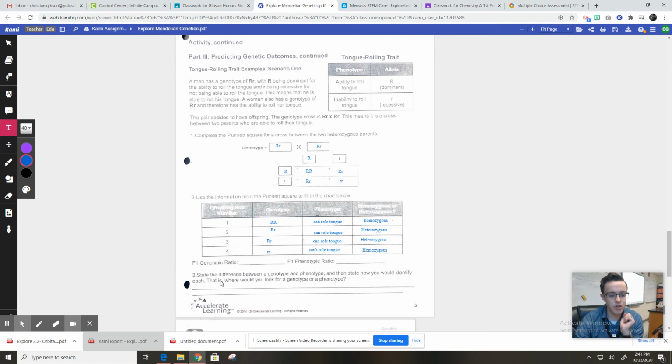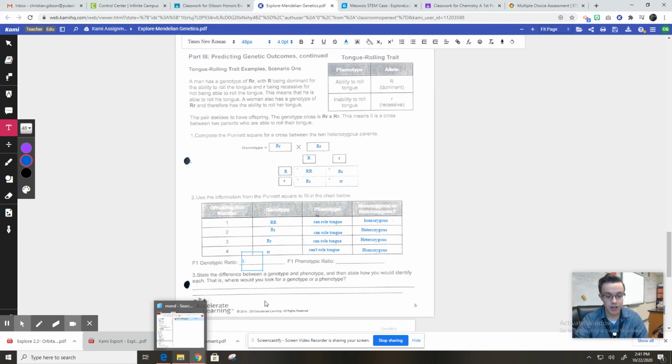Okay. So a genotypic ratio is a ratio of all the different genotypes to each other. So here's what the genotypic ratio would be. You've got one homozygous dominant for every two heterozygous you have, and one homozygous recessive. So it's 1 to 2 to 1.